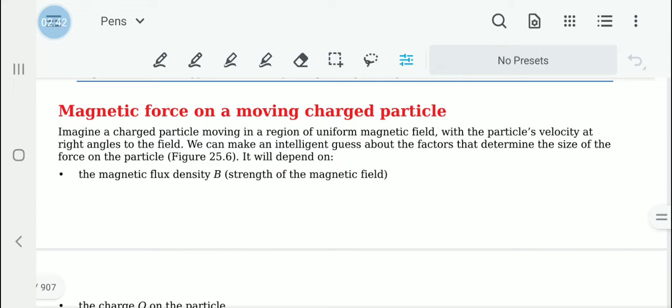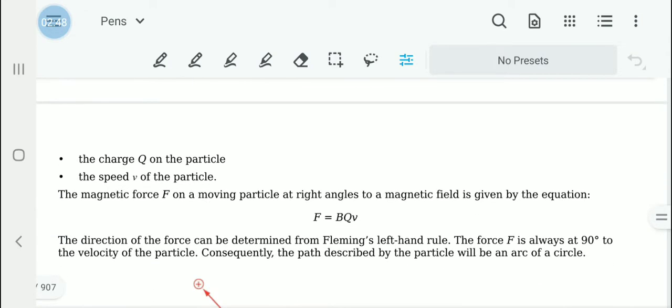Number one, magnetic flux density, capital B; the charge on the particle, capital Q; the speed of the particle, simple v.